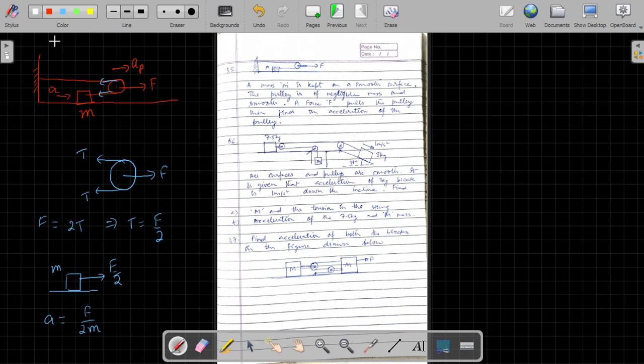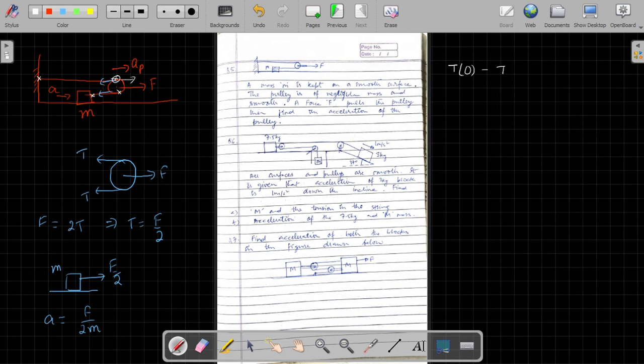So let us write the constraint relations for this system. This string, the red string, is connected to the wall at this point, at this point, at this point, and at this point. So these are the 4 points at which the string is connected to the system. So let's say the tension T into the speed of the wall, which is 0, minus tension T into the acceleration of this point.